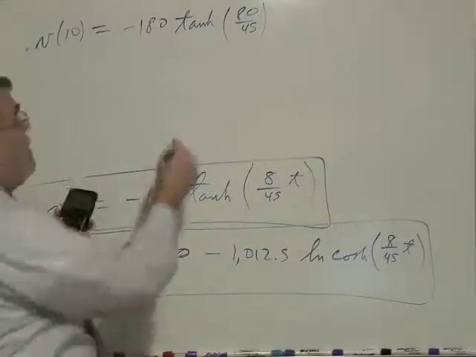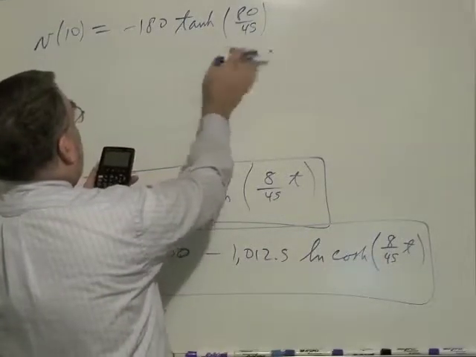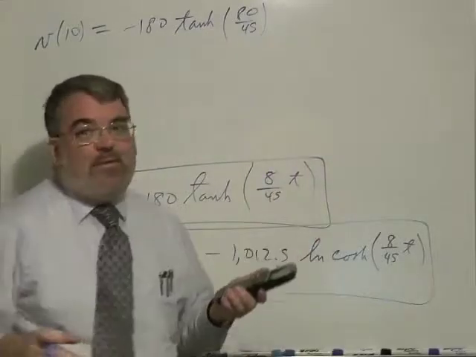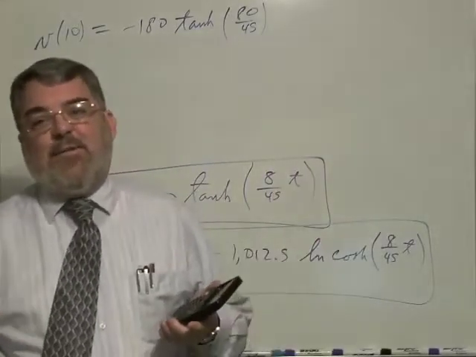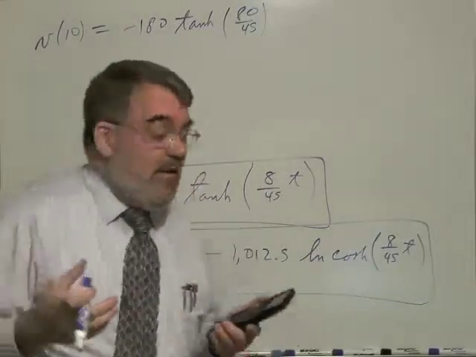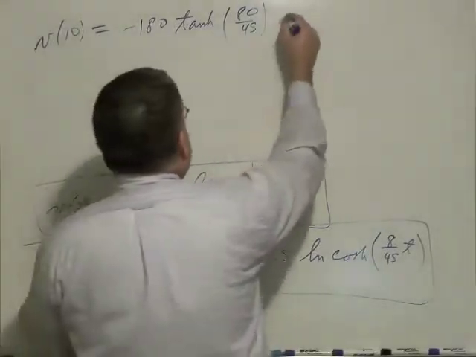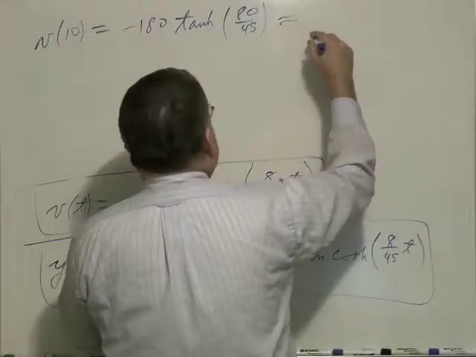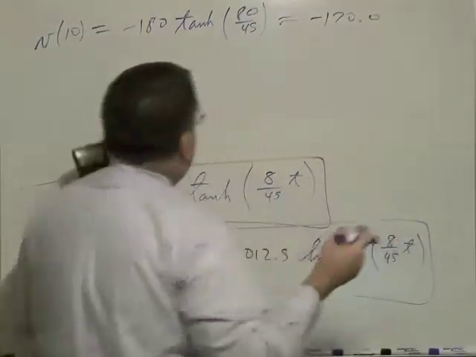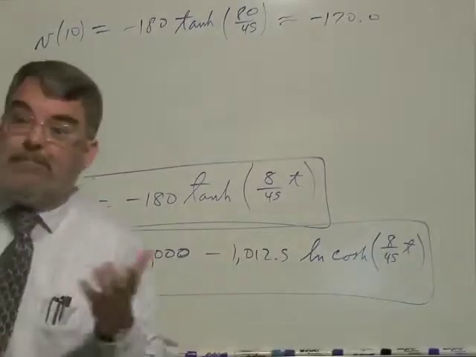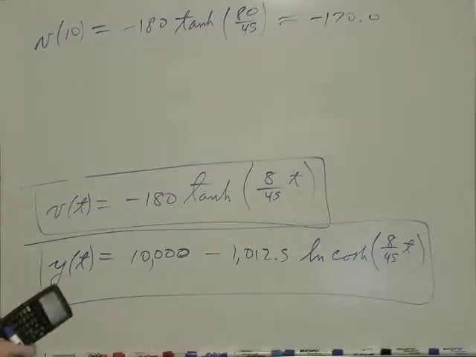And in fact, this number is about 0.944, so it's around 94%. That means that after 10 seconds, we reach about 94% of the terminal velocity. In this case, it comes out to right at about 170.0. So the velocity is 170 feet per second going downward.